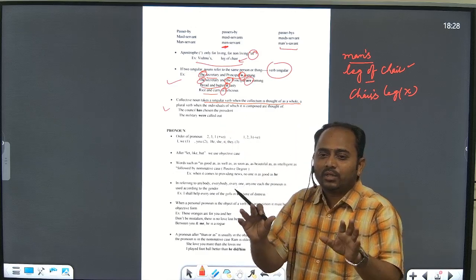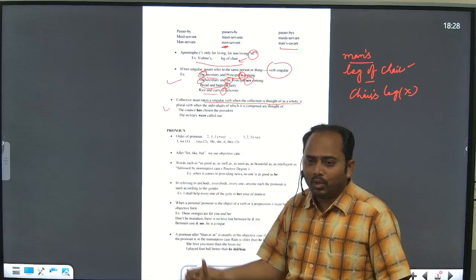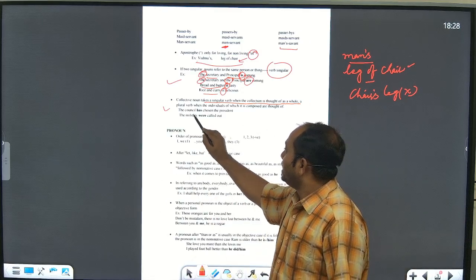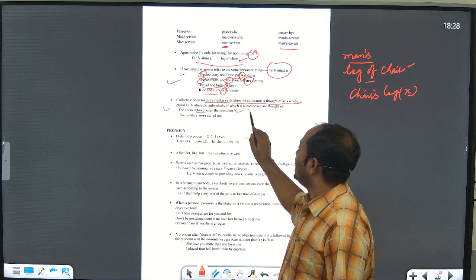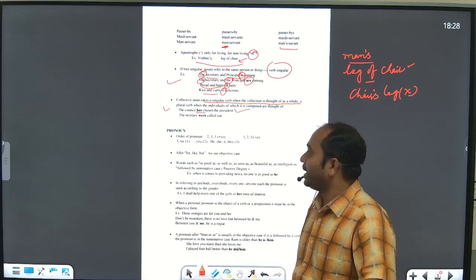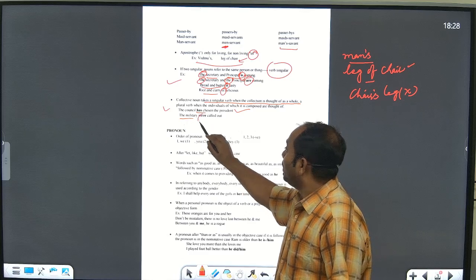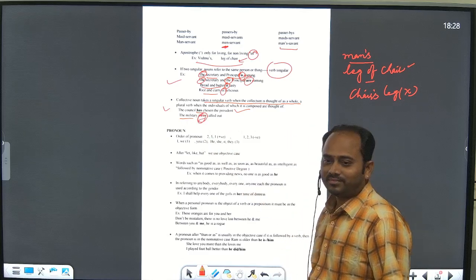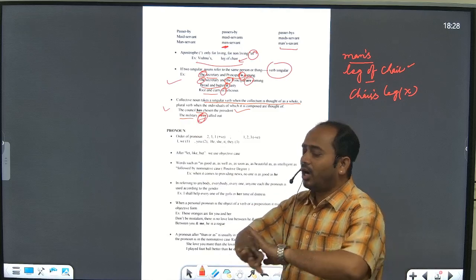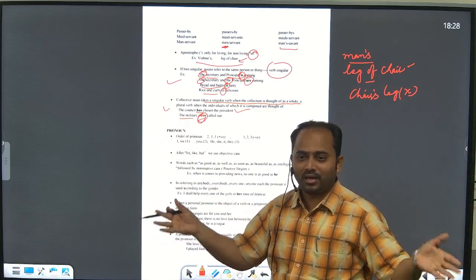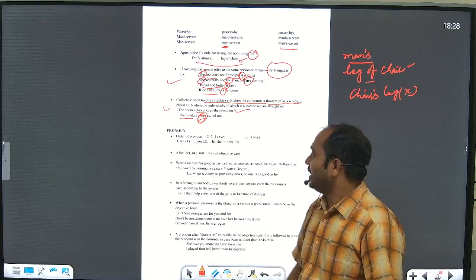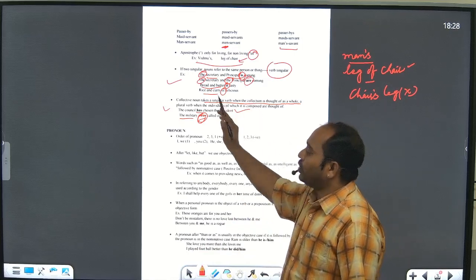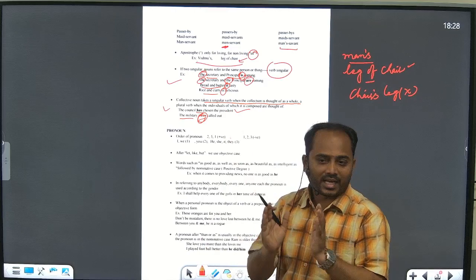Suppose that collective noun is formed into the plural word, then a plural verb. See the example, the council has chosen the president, as it is considered only one. But the military were called out. Military means all together, all the army officers were included in that. Okay, so this is all about the noun corrections.